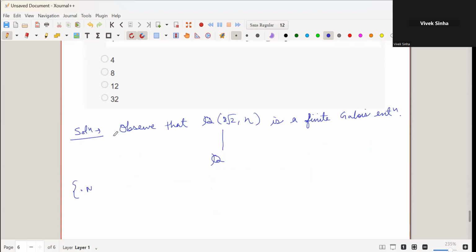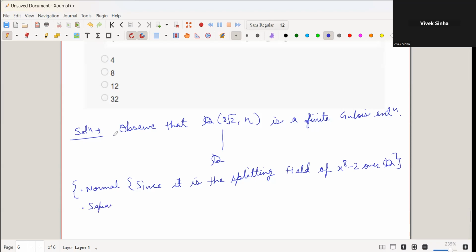Normal is there since it is the splitting field of x^8 minus 2 over Q. Separable is there because, again the same thing that we have been using, characteristic of Q is 0 and Q adjoined eighth root of 2 and eta is an algebraic extension.